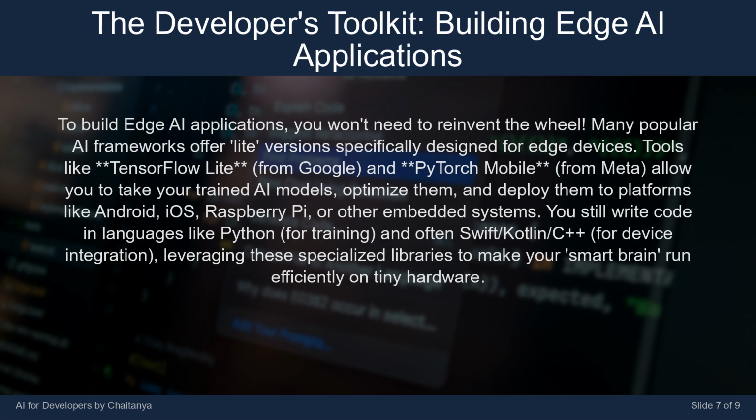You still write code in languages like Python for training, and often Swift, Kotlin, C++ for device integration, leveraging these specialized libraries to make your smart brain run efficiently on tiny hardware.